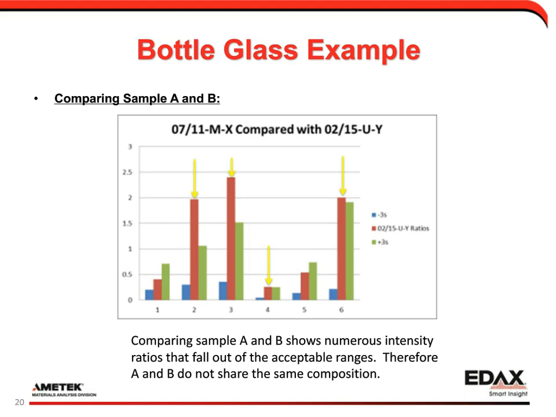Immediately we could see that the ratio for calcium to potassium and the calcium to iron, strontium to zirconium, and the chrome to iron, they all fall out of range. So that's definitely not ambiguous, and we can conclude that A and B do not share the same composition.